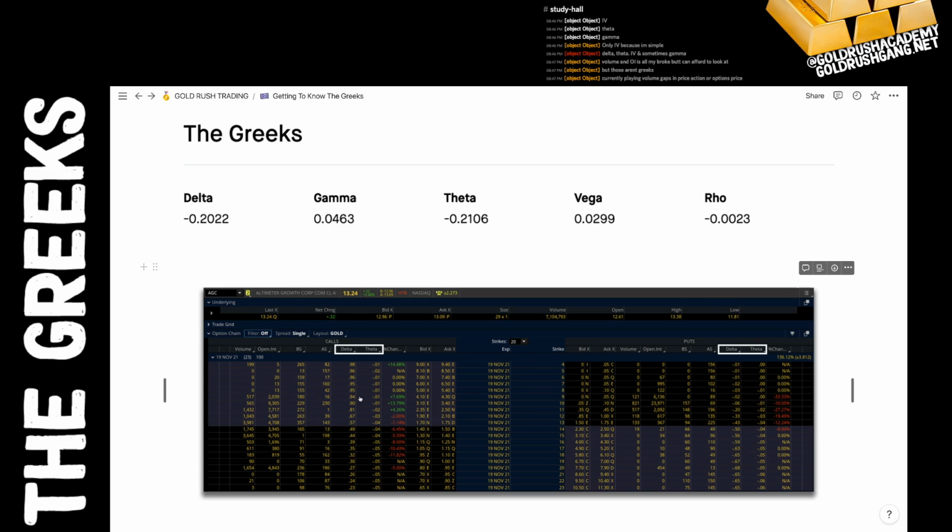The delta and theta, which I like to keep next to each other, and I like to quickly browse through and see what the ratio is between one and the other. And then percent change, and then bid ask. Bid size, ask size, sometimes it doesn't even matter. You can tell all you need by just volume and open interest.